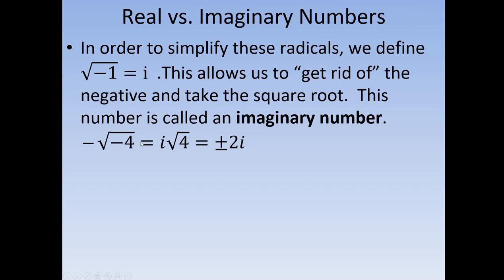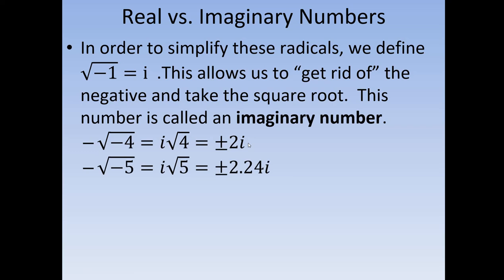We get rid of the negative by putting an i outside of the square root, and now we have square root of 4, which we know is plus or minus 2. So the square root of -4 can be rewritten as plus or minus 2i, where the i comes from the negative under the radical. This is an imaginary number because it has a number with an i attached to it.